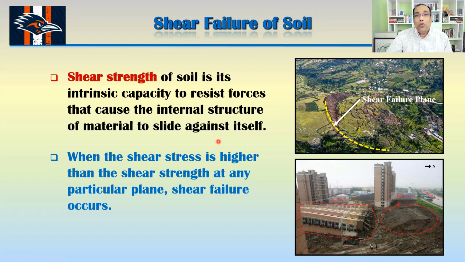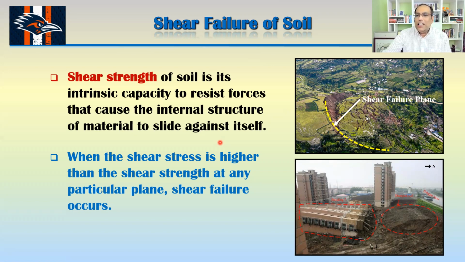So you don't have to just apply force like this, but you can understand that when you apply vertical load, the stress can transform in every plane, and in any particular plane, if the stress is higher than the strength of the soil, then basically the failure will occur.